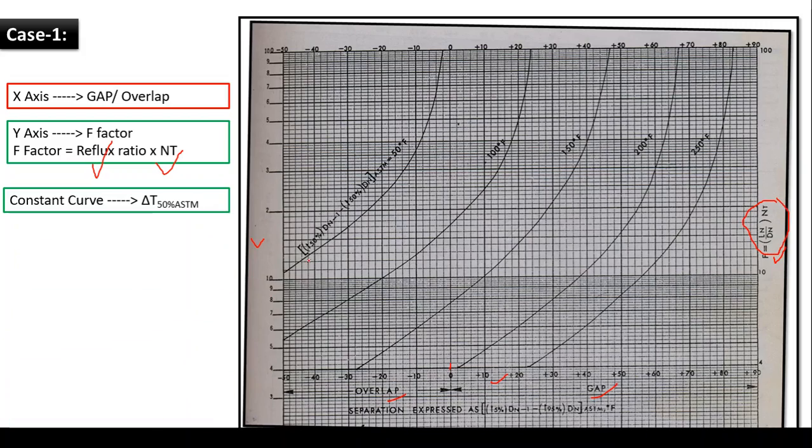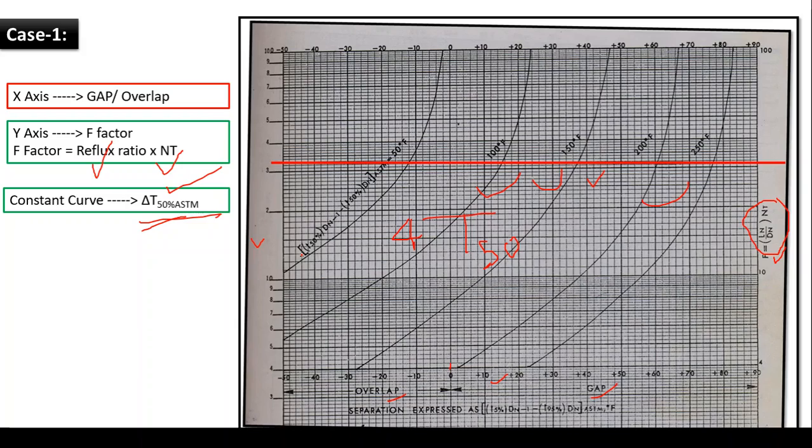Then we have different constant curves of delta T50 of ASTM, which is important; we'll discuss later what delta T50 means and how to calculate it. All these values, 100, 150, 200, 250, are delta T50 of ASTM.